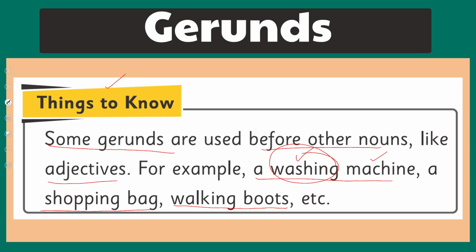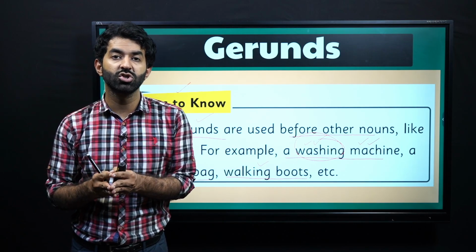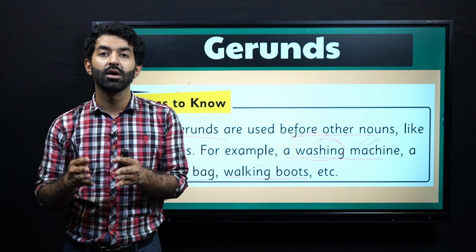So we can also talk about it and we can work two nouns together. So some gerunds like washing are used before other nouns like machine: a washing machine, a shopping bag, walking boots. All of them are nouns that are made up of a gerund and another noun. So students, can you come up with your examples of such gerunds that are working before other nouns?